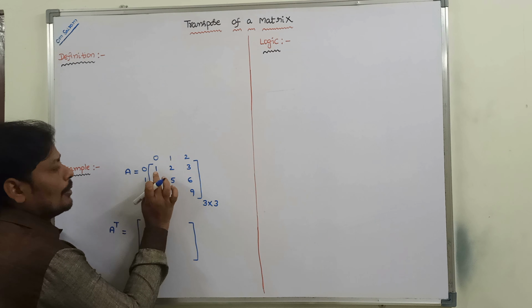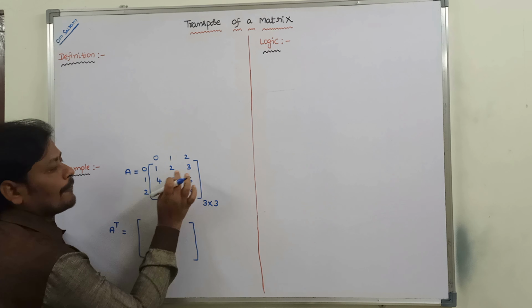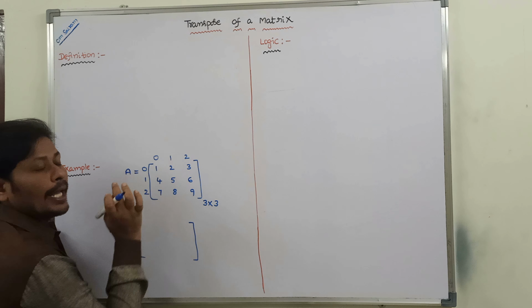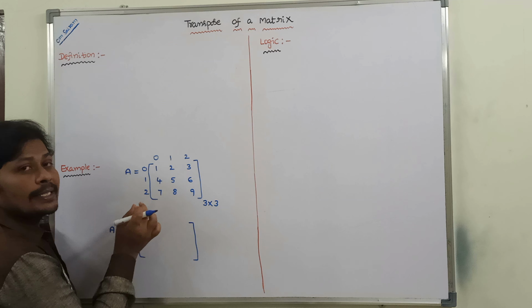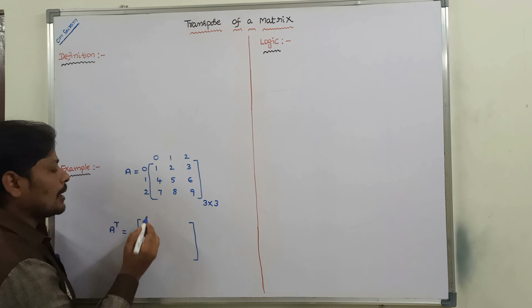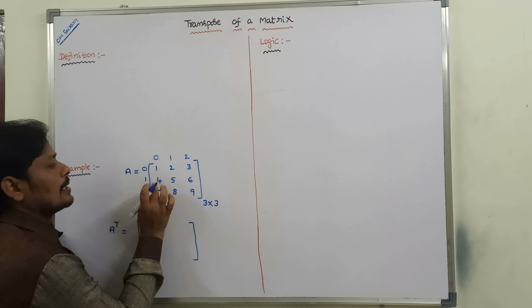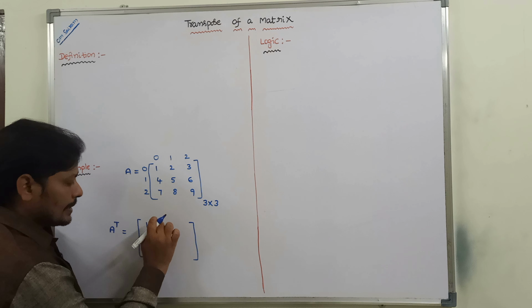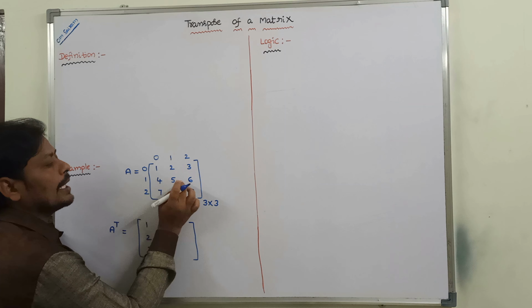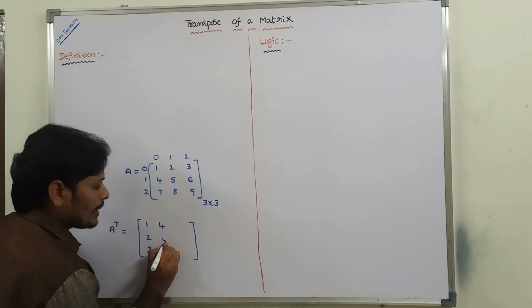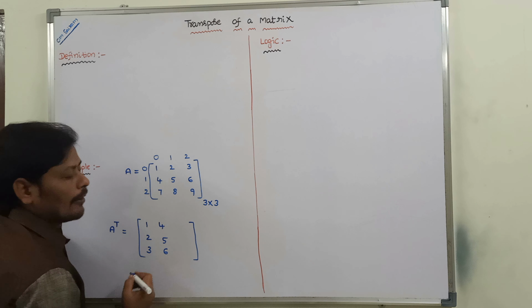That means we are taking the first row. The first row contains 1, 2, 3 elements. These elements become the first column. Next, the second row becomes the second column. The second row contains the elements 4, 5, 6, so this 4, 5, 6 becomes the second column.